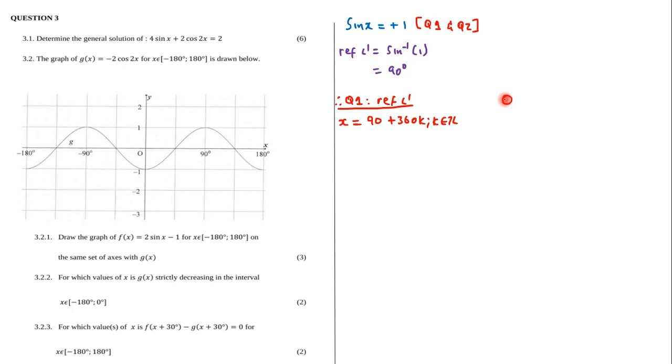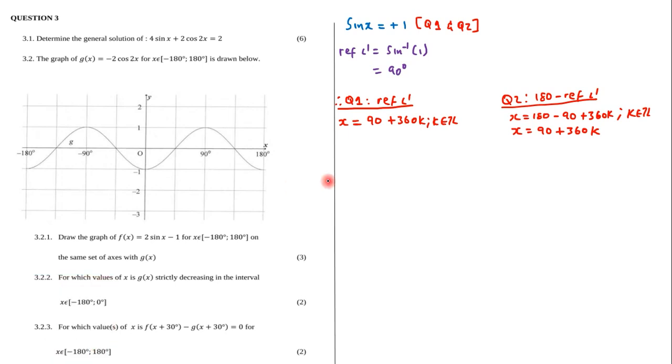The second quadrant has 180 minus the reference angle. So we say x equals 180 minus 90 plus 360k, where k is an element of integers. From here, x becomes 90 plus 360k. That is basically how we go about the general solution.